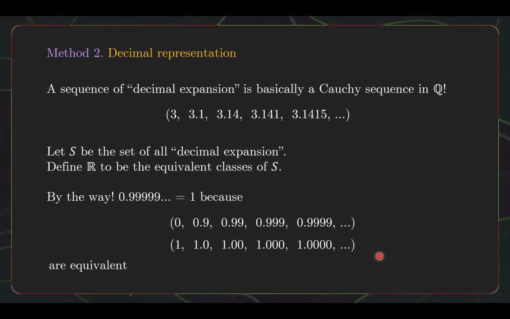And by definition, these two are actually equivalent, because the gap between the terms gets arbitrarily close. So these two are in the same equivalence class. And because real numbers are defined up to equivalence class, these two reflect the same real number. Yeah, so this is a neat little realization if you look at this definition of the real numbers.